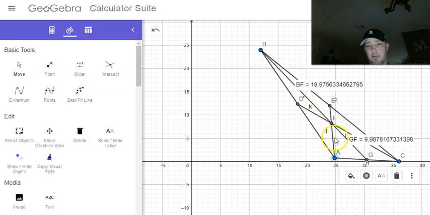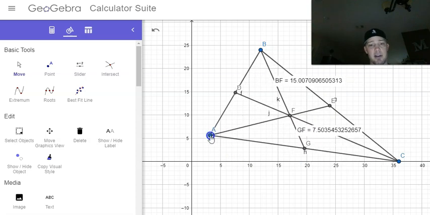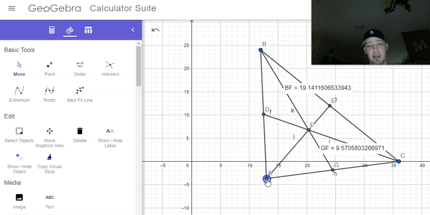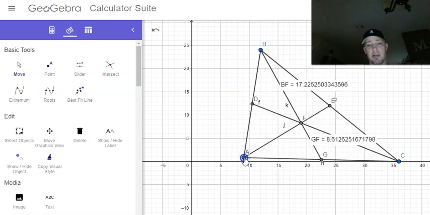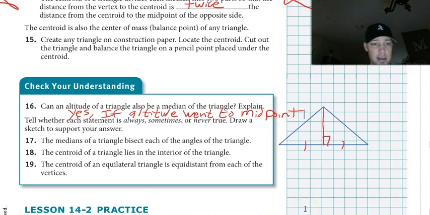So this median from A to E is not bisecting this angle anymore. So that's not always true, but it's definitely true at some point. At some point between here and here, you're going to have congruent angles. So sometimes true for that one. Okay, so that one is sometimes.